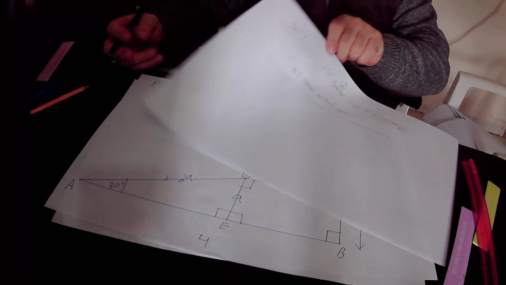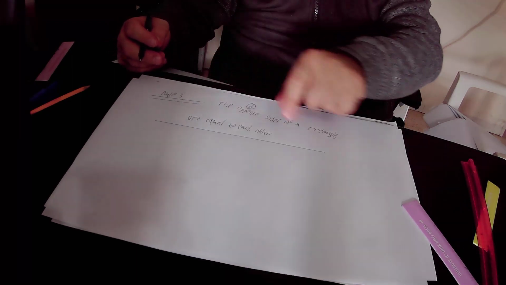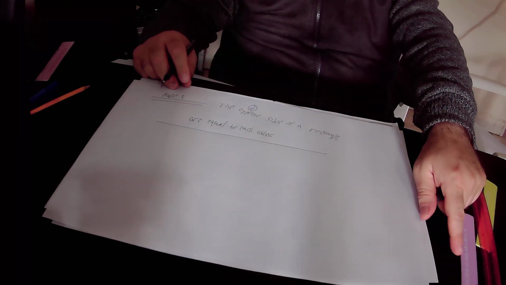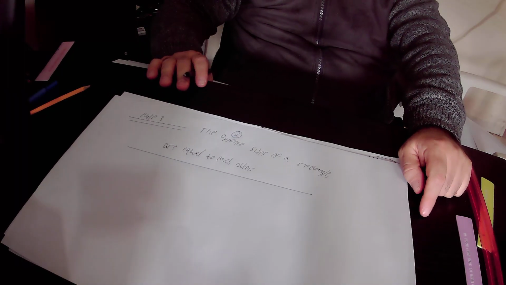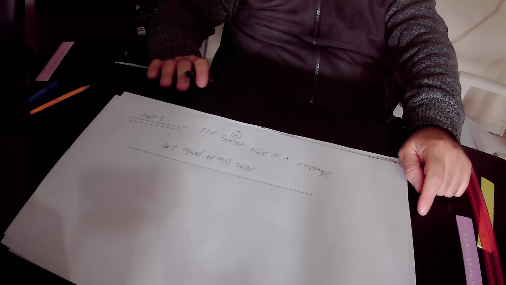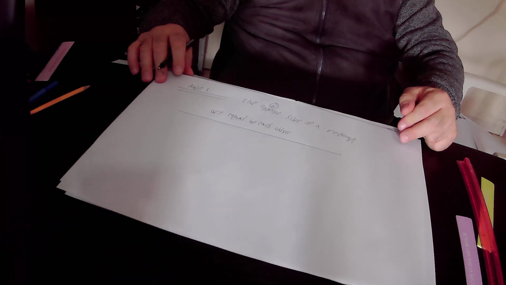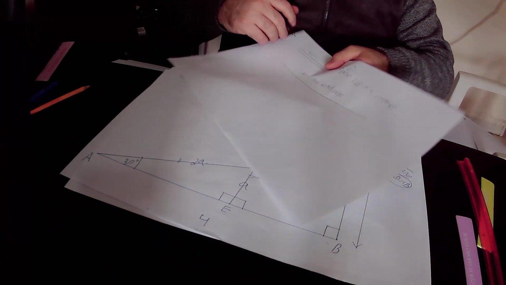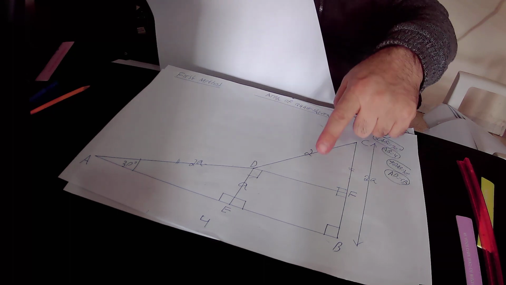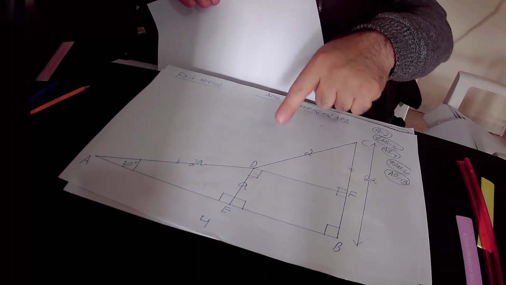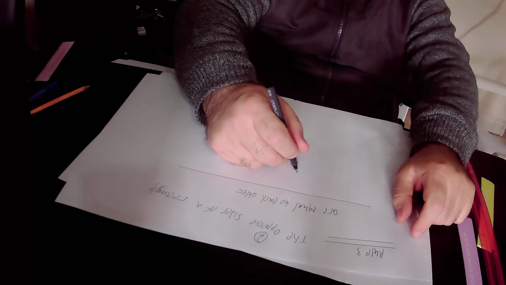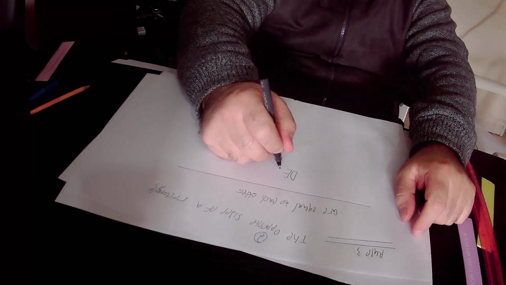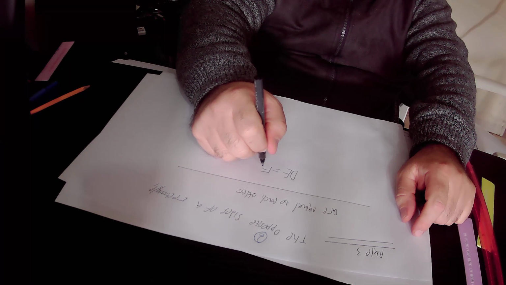I repeat again on rule number 3. According to rule number 3, the opposite sides of a rectangle are equal to each other. That is to say, the opposite sides of rectangle DFEB are equal to each other. It means that DE equals FB.